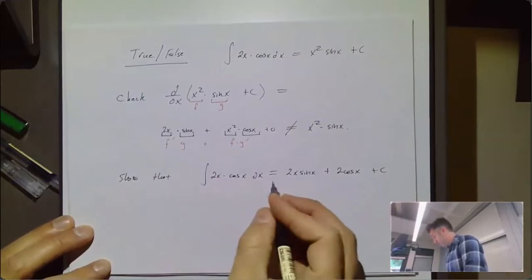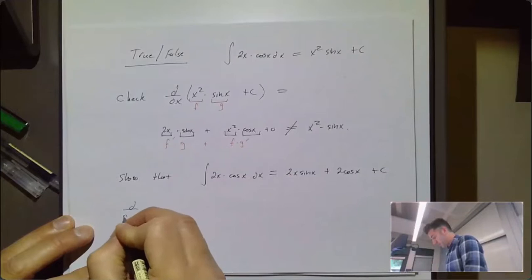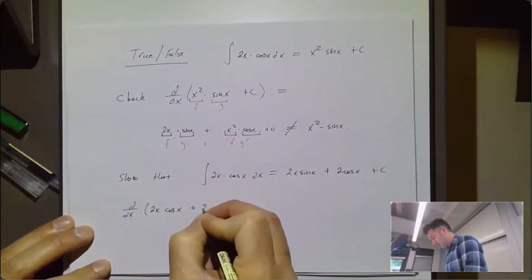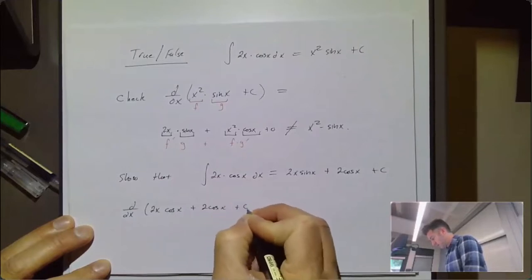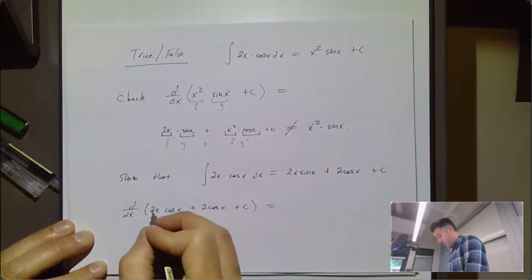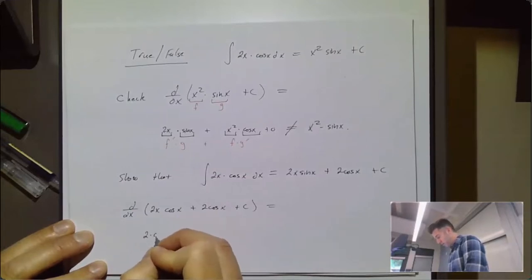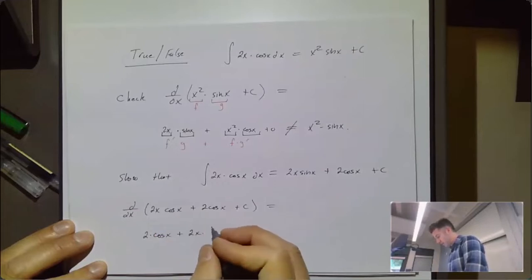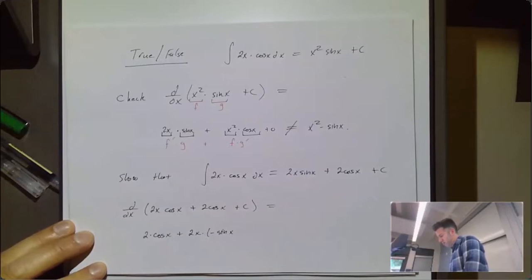If I take the derivative of 2x cosine of x plus 2 cosine of x plus c, here I am going to use the product rule again. The derivative of 2x is 2 times cosine x plus 2x times the derivative of cosine x, which is negative sine x. I feel like I might have made a small mistake here. Yeah, I did.